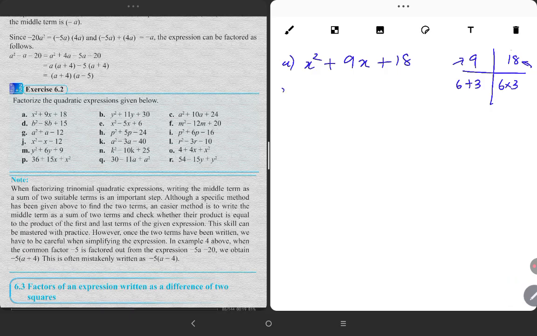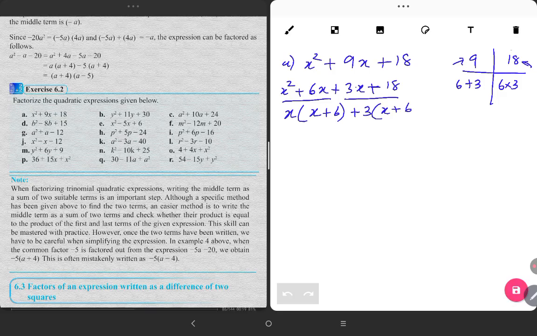So those are the two numbers that we need to break this 9 into. For example, 6x plus 3x plus 18. So then here I can take x out for these two, x plus 6, and out of this I can take 3 out, then x plus 6. So then out of this we can write it this way. Perfect.